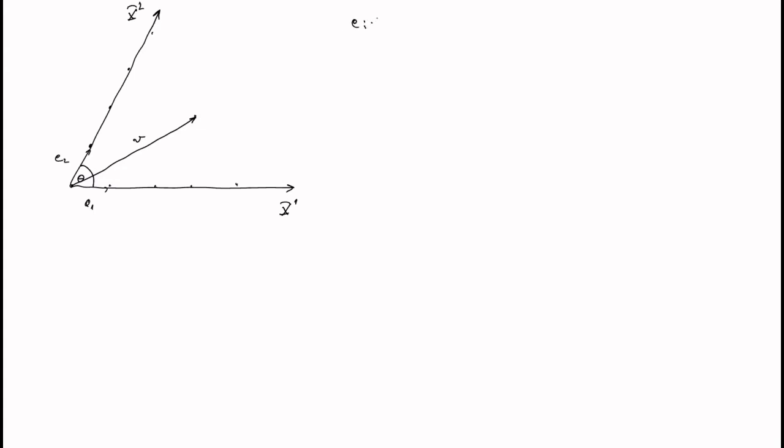This basis now has a scalar product rule which is not a unit matrix, but results in something different. So this is 1 only if i is equal to j, but if i is not equal to j, then it's cosine theta. And yes, you can write this as a matrix: 1, cosine theta, cosine theta, 1.